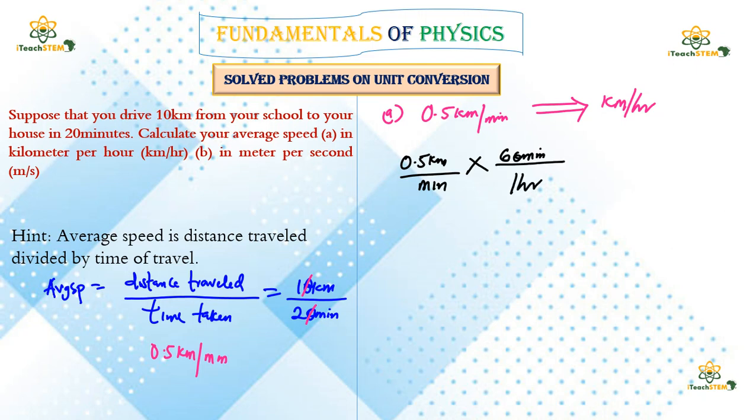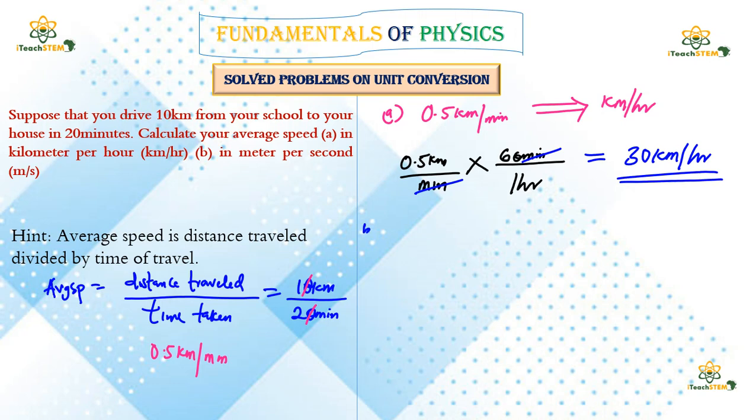So we say minutes cancel out minutes. We are left with what? 0.5 kilometer multiplied by 60 divided by 1 hour. So we have this to be what? 30 kilometers per hour, which is our unit of interest.